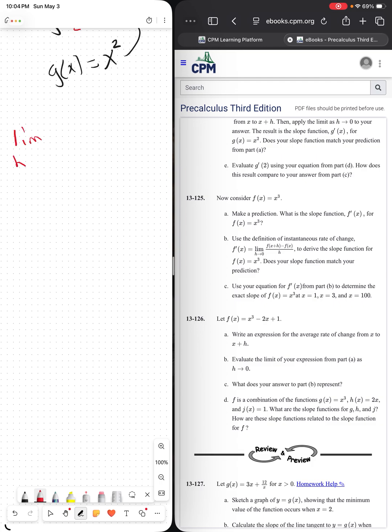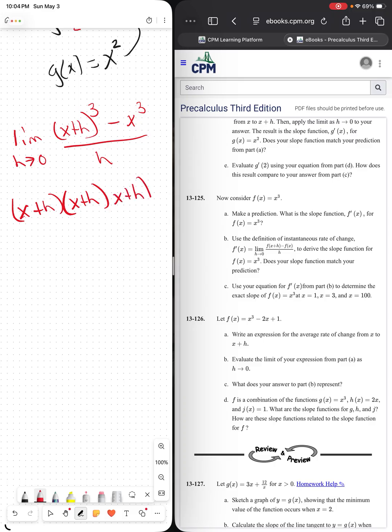The limit as h approaches 0 of x plus h cubed minus x cubed all over h. Since it's cubed, you can use the binomial expansion. I'll write it out for you so you can see it, doing this 3 times. x times x is x squared plus xh plus xh plus h squared.